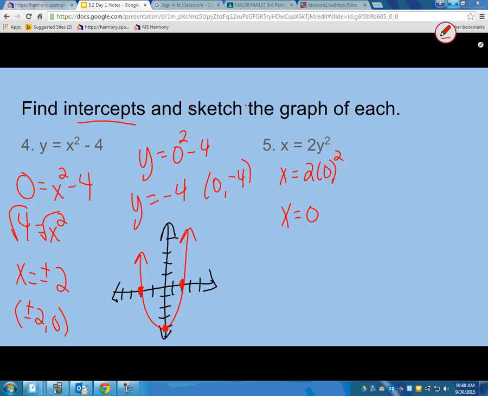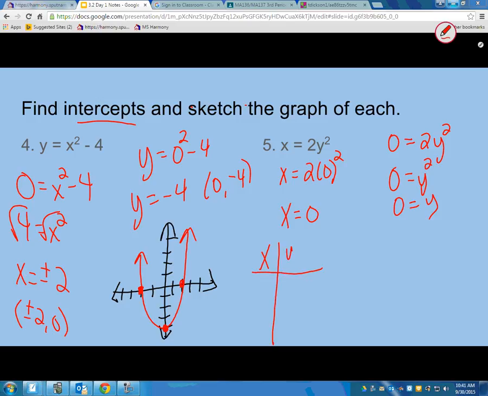And the y-intercepts would be 0 equals 2y squared. Oh, dang. It's just the same thing, right? 0 equals y squared. 0 equals y. Plus or minus 0 is just still 0. Which means we really only got 1 point, right? The x-intercept and the y-intercept are the same point. It's the origin. Which means that if we're going to graph this, we're going to maybe want to pick some other points to go along with it.